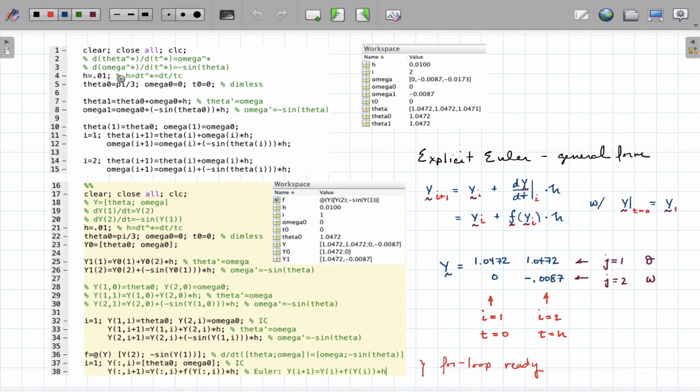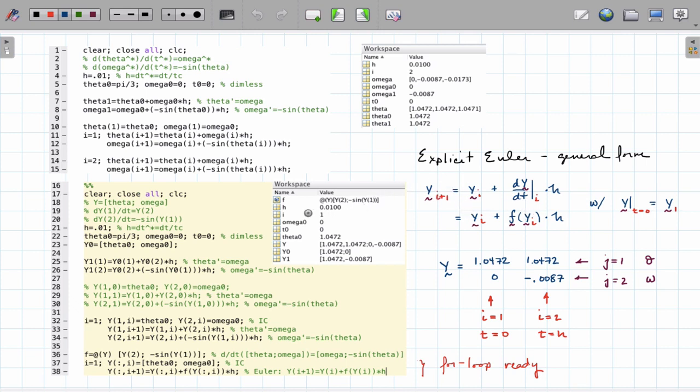What we want to do is generalize this, and as you can see, we've already abstracted it so that it's really set up to be a loop. But the best way to make this abstraction really work so that we can use this with multiple equations in the future is to go ahead and rewrite theta and omega as elements of a solution vector y, as we saw on the previous page.